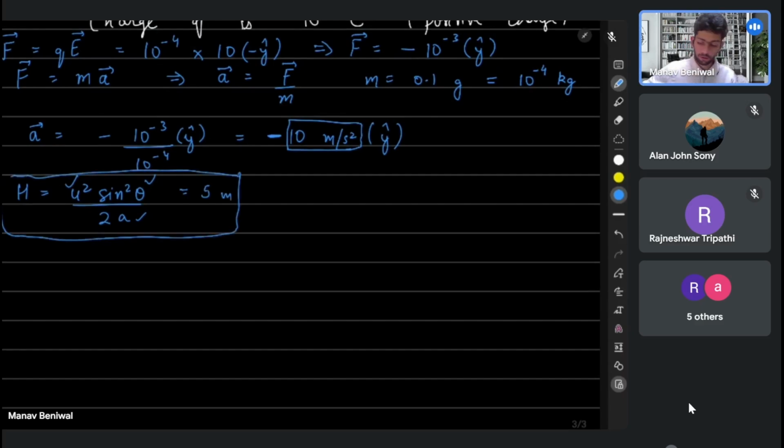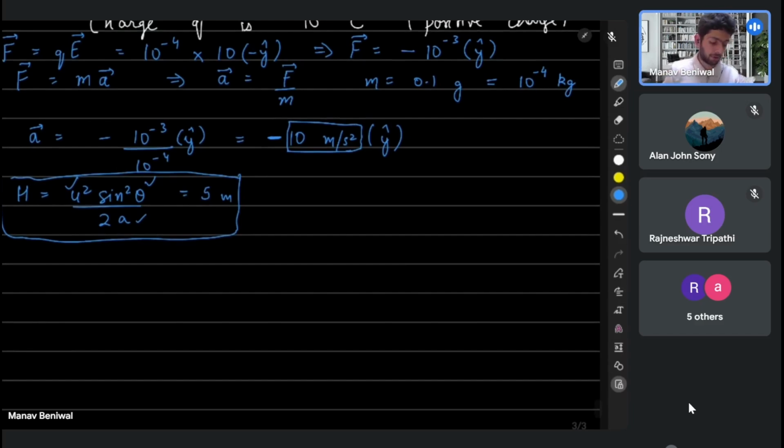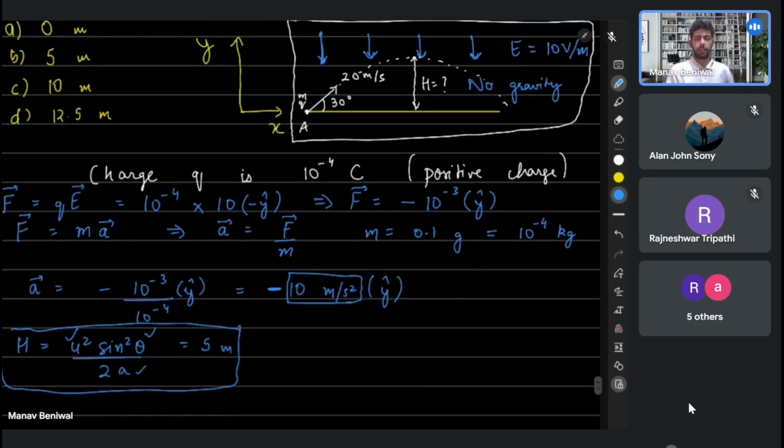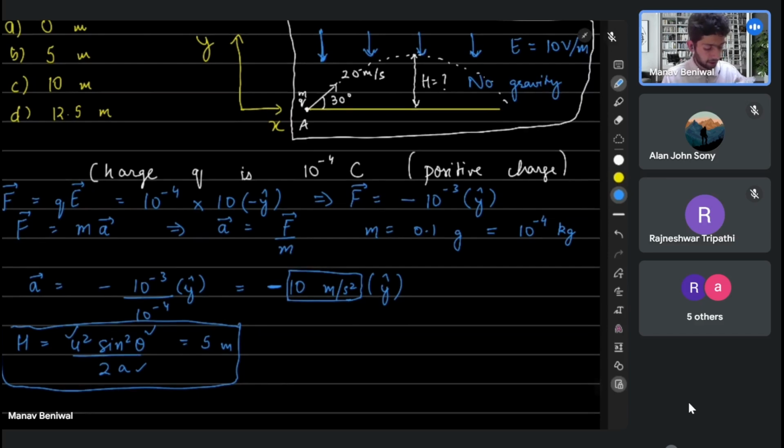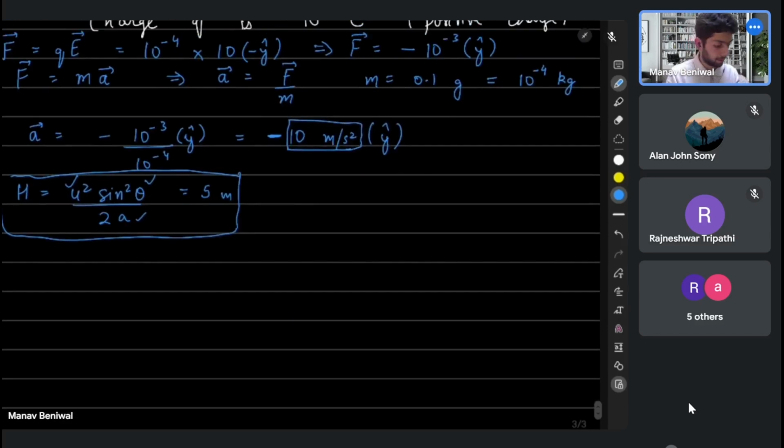But if you do not remember this, then need not worry. We can easily find out the height. How? We can just resolve the velocity components.